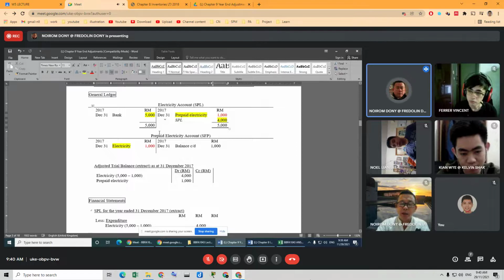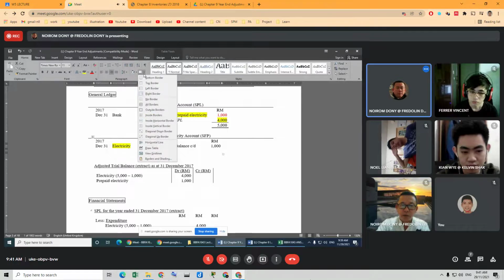And then the prepaid electricity, we have to balance off. So this is debit here, isn't it? Meaning this is a debit balance. So balance c/d, and balance b/d underneath the total on the debit side. This one you have to double line.